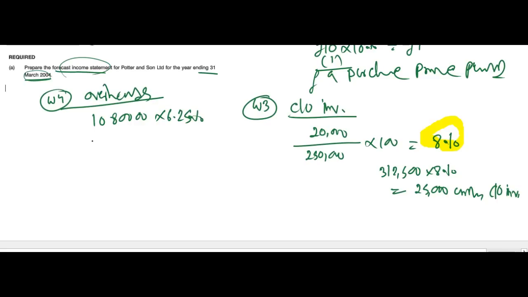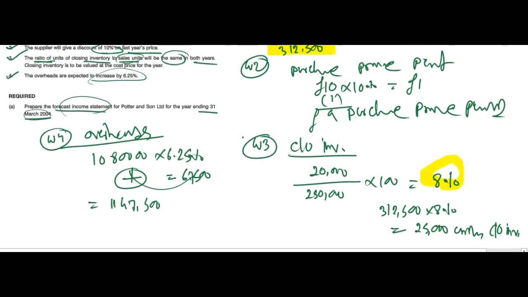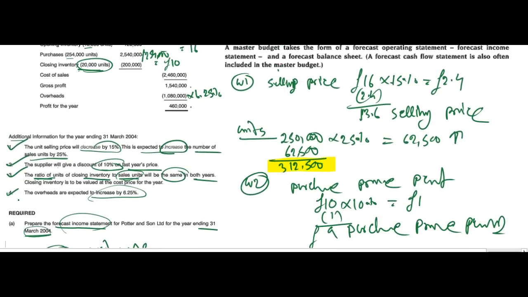What you get here is 67,500, don't you? Just double checking, 108,000 times by 6.25. Yeah, and when you add up these two, it should be added because it's gone up, by 114,500. Lovely.